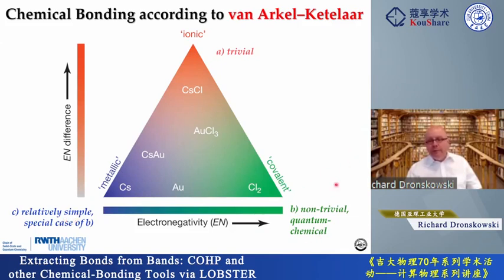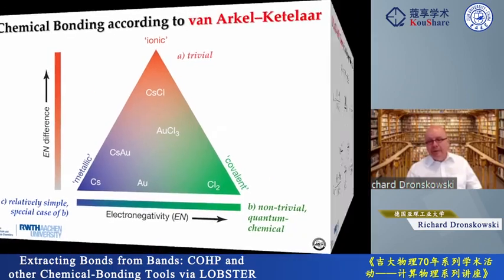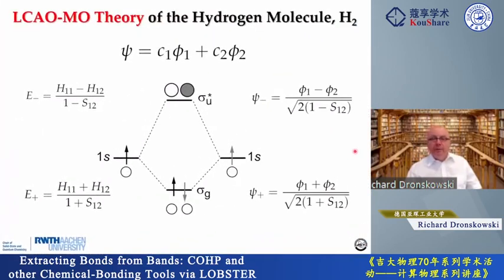So how do we deal with this chemical bonding here? As said before, this was carried out in 1927 already within valence bond theory. It's more or less an outdated theory. Nowadays, we do it with molecular orbital theory. In molecular orbital theory, we approximate the molecular orbital as a linear superposition of two atomic orbitals, for the case of hydrogen, H2.